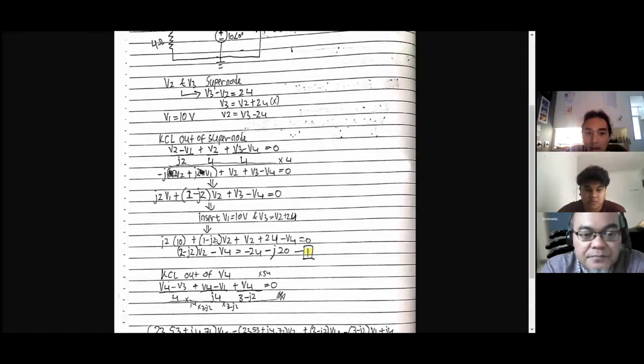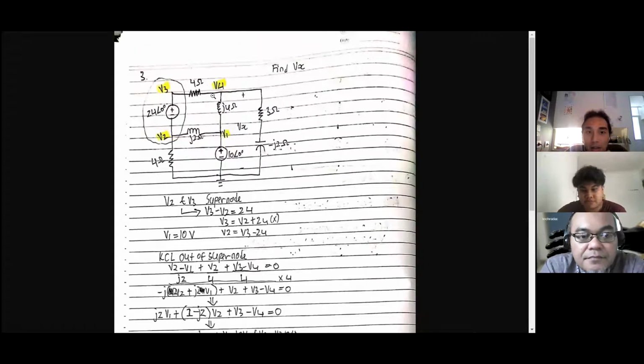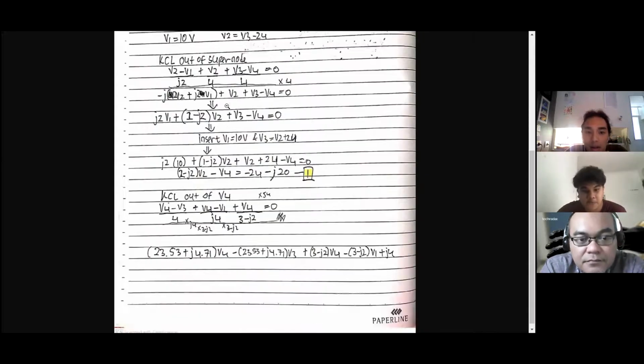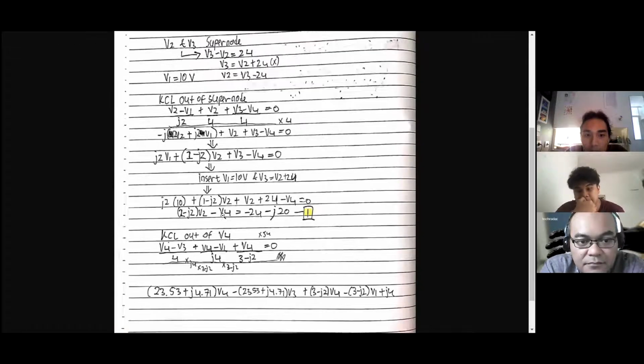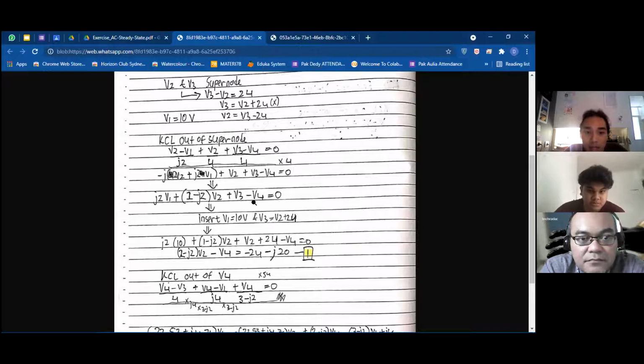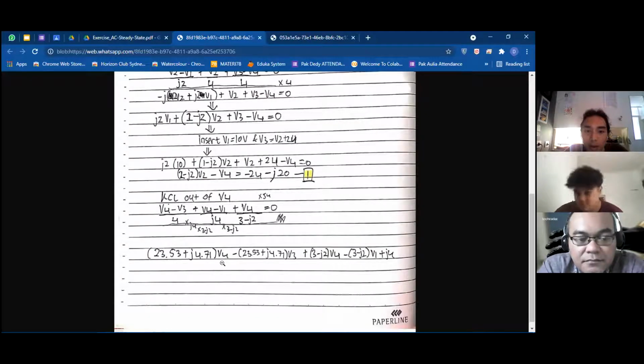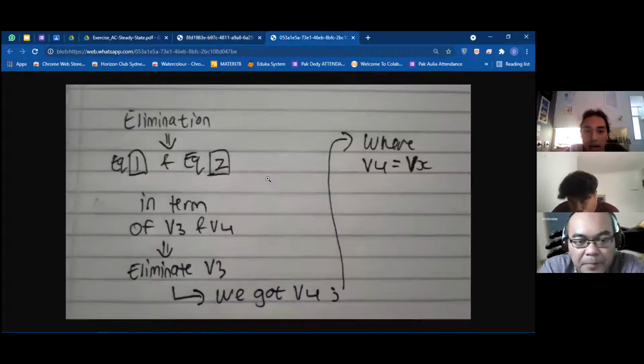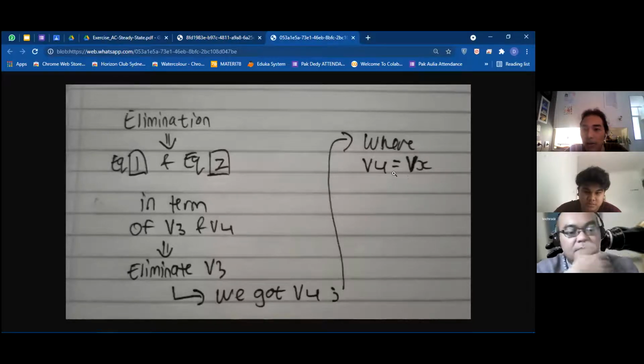So that when we do KCL at node 4, there is only V4, V3, and V1, and we already know the V1, so we can directly use elimination in terms of V4 and V3. Then we eliminate V3, and then we get V4 directly, where V4 is actually equal to Vx.